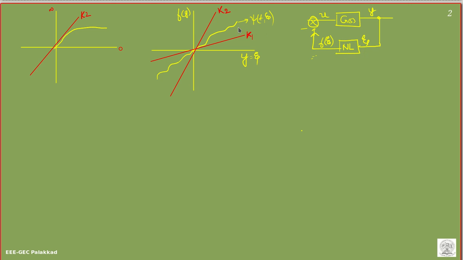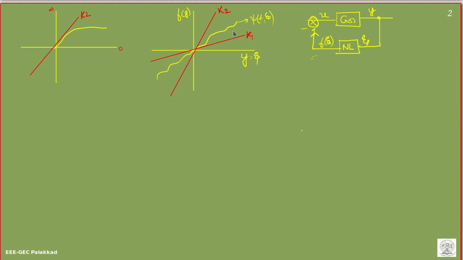That means if I choose some k within K1 and K2 and plug it in instead of this nonlinearity, we expect the system to be stable, since the nonlinearity has a minimum slope K1 and a maximum slope K2. But this was in fact Aizerman's conjecture, and it was proved wrong using a counterexample at a later stage.